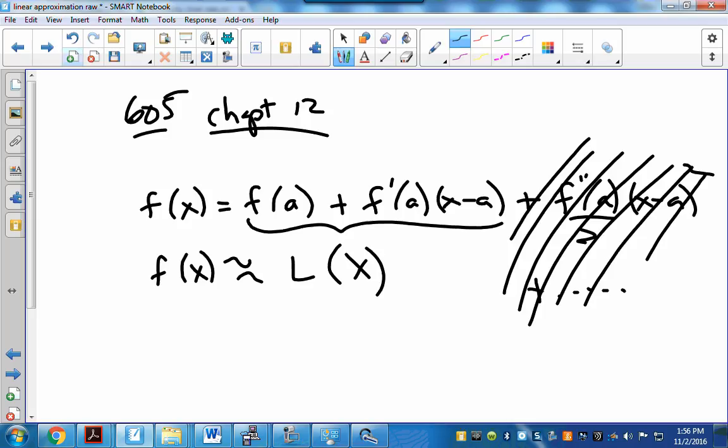Yeah. A tangent line is an approximation for a function. If you want the exact value, if you want this to be equal, you've got to add a bunch of stuff so it becomes exact. Right now, we're just doing the very first part of the Taylor series. It's not going to be exact. It's going to be approximate because we don't have the whole Taylor series.